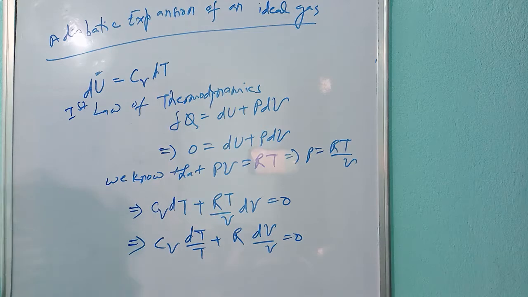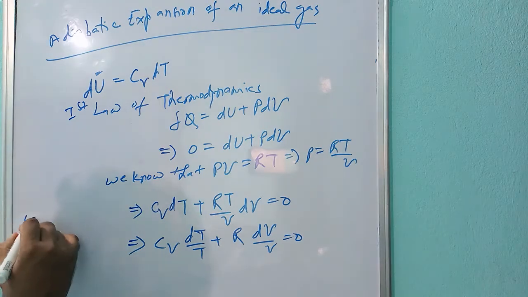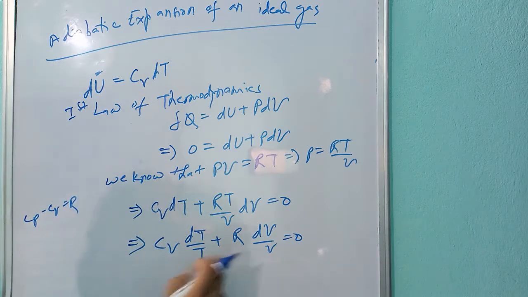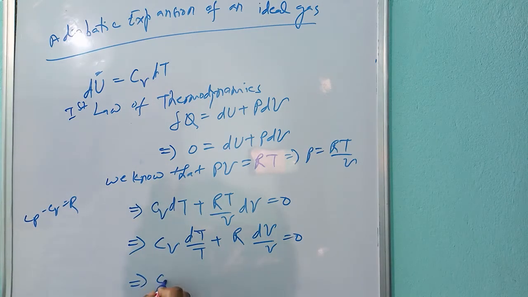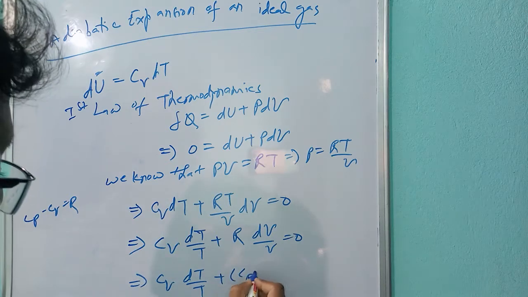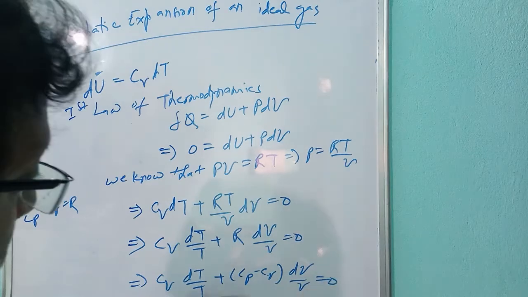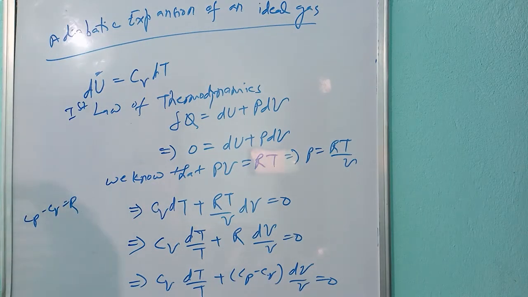From Mayer's formula we also know that Cp minus Cv is equal to R. That part I am going to put here. Then it will be Cv dT by T plus (Cp minus Cv) into dV by V is equal to 0.